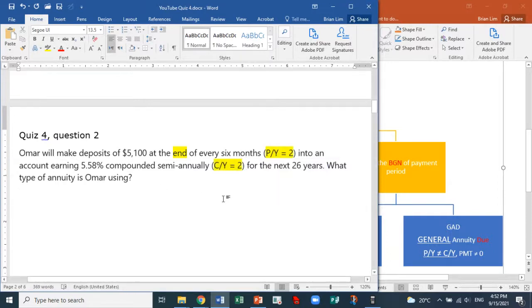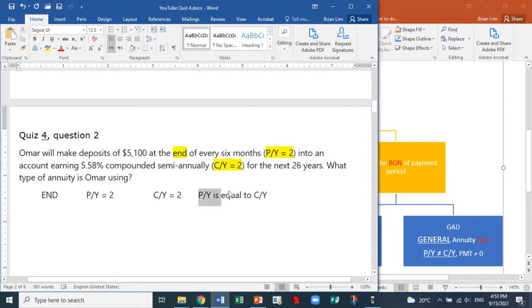Okay, so let's do a bit of analysis here, and we know that is part of it. PY is equal to 2 and CY is equal to 2. So what does this mean? Well, it means that PY is equal to CY.